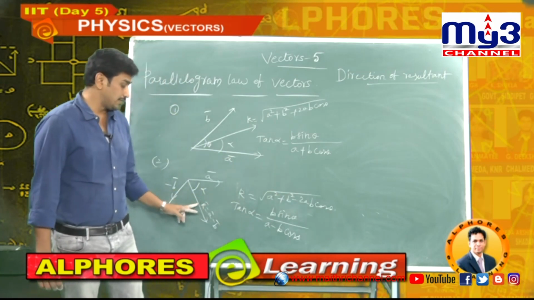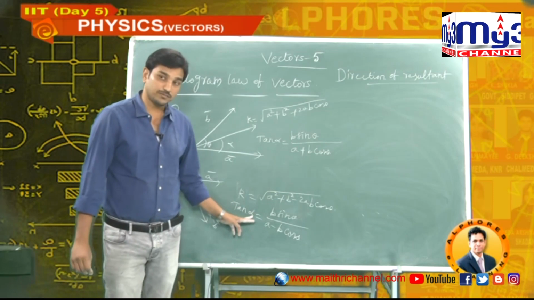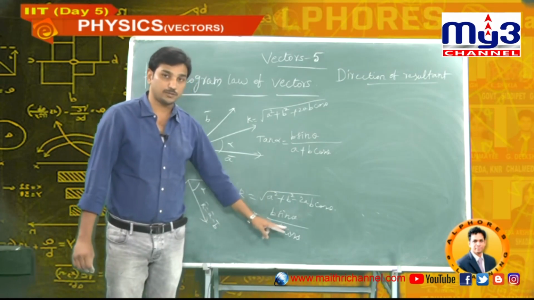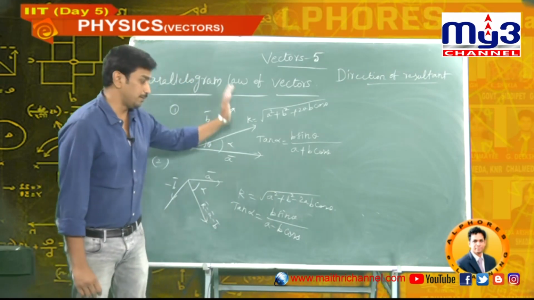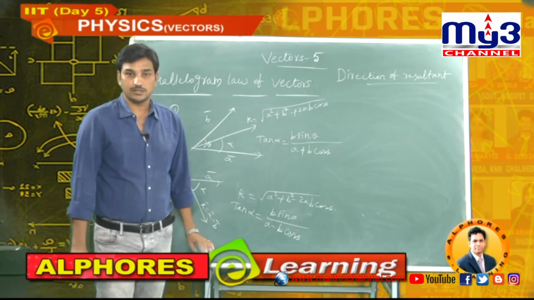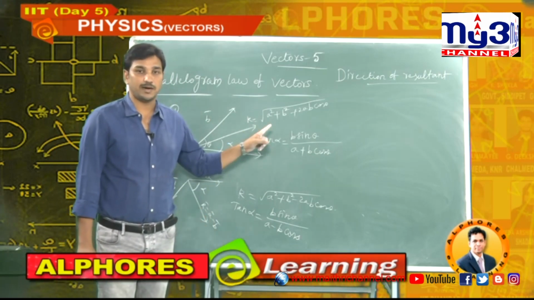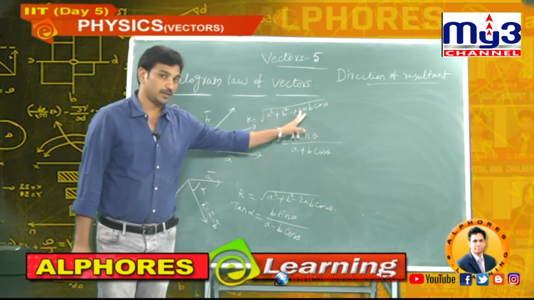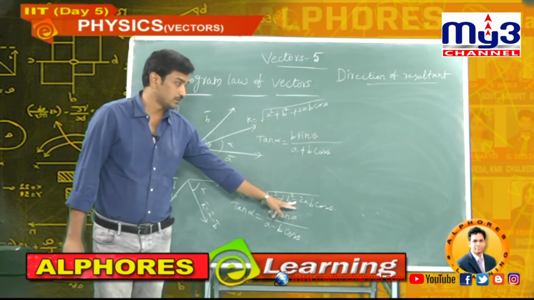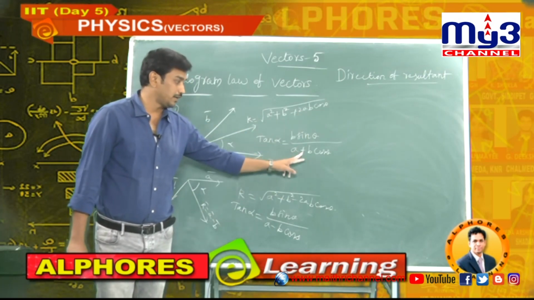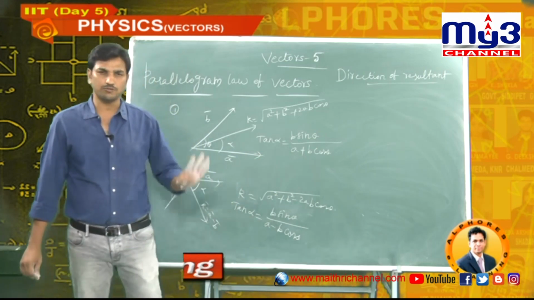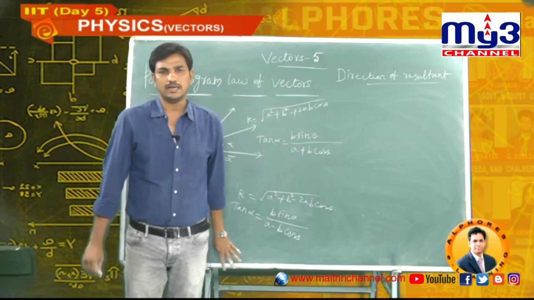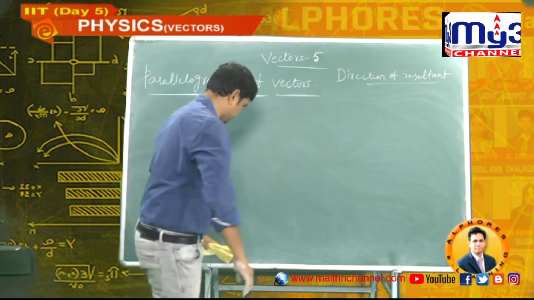The angle made by the resultant with the horizontal vector is alpha, b sin theta by a minus b cos theta. You should remember these formulas. Understood? Simple. A bar plus b bar, magnitude here plus; a bar minus b bar, here minus; in the angle denominator, here plus, here minus. Only these four formulas you should remember. Easily, comfortably you can solve the questions.